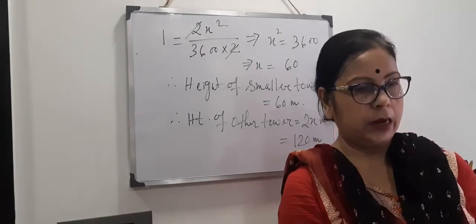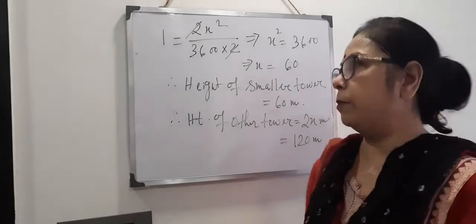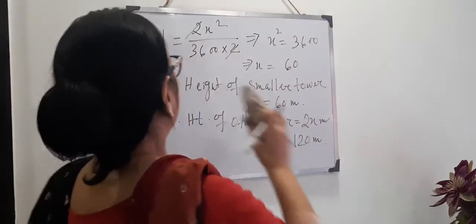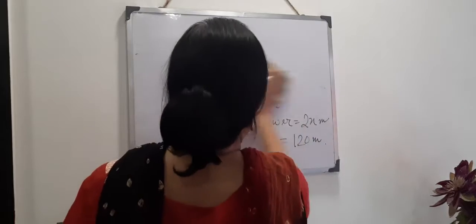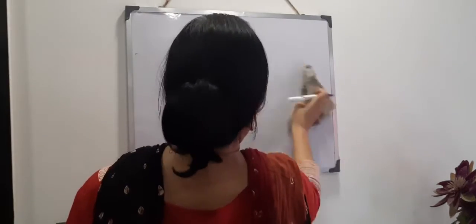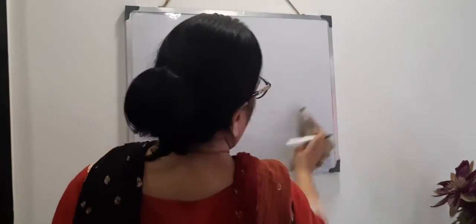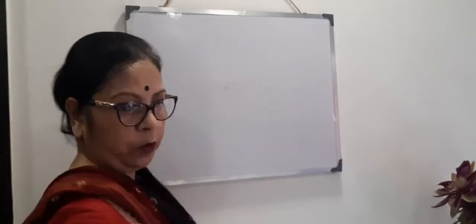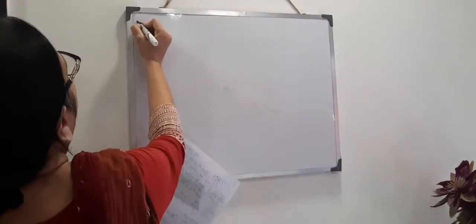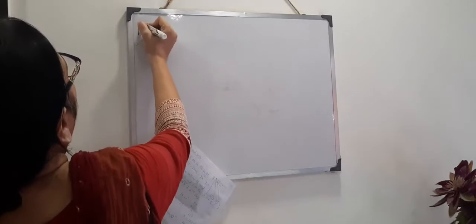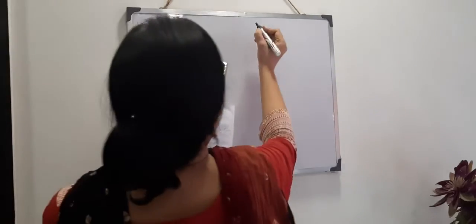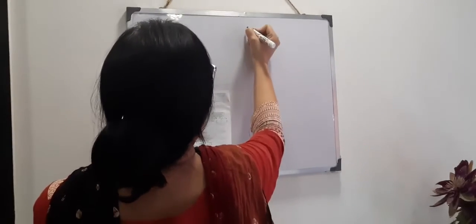Now I am drawing the diagram, it will be clear. Number 10. Before 10 you already got in the previous video. Now number 10, that is from your board book. There is a lighthouse here.